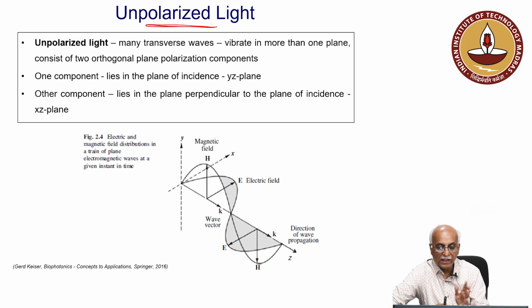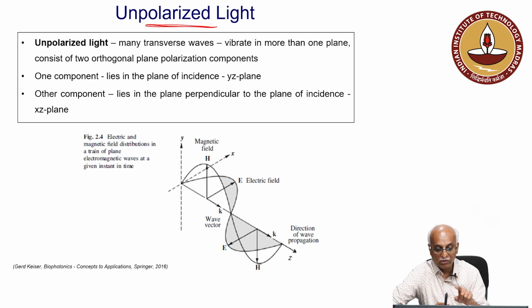Maybe we can consider the plane of oscillation of the electric field as the reference. So linearly polarized light can be represented with a single plane of oscillation of the electric field, and it will have only one electric field, while unpolarized light will have multiple such electric field vectors oscillating at different angles.